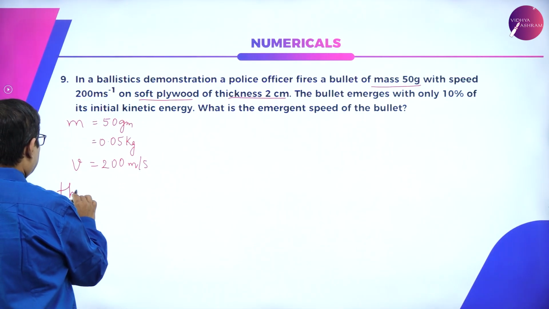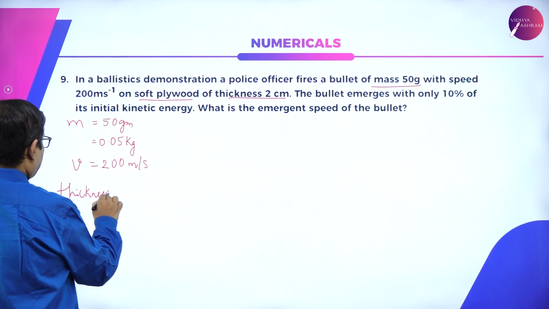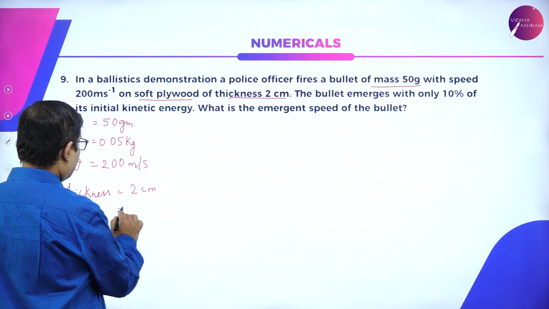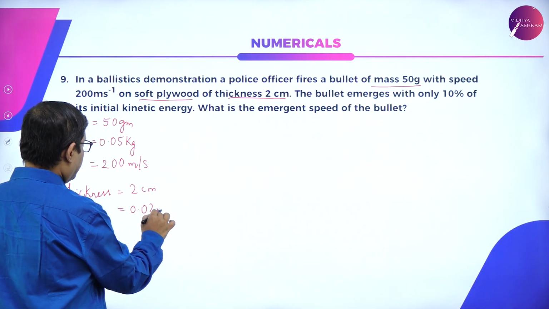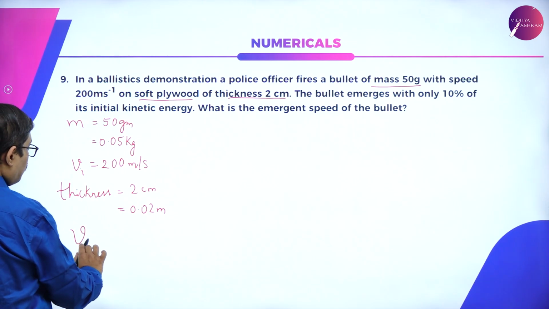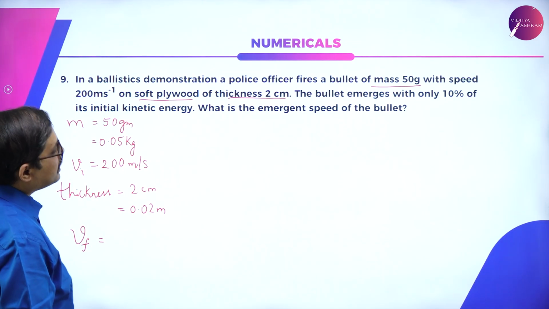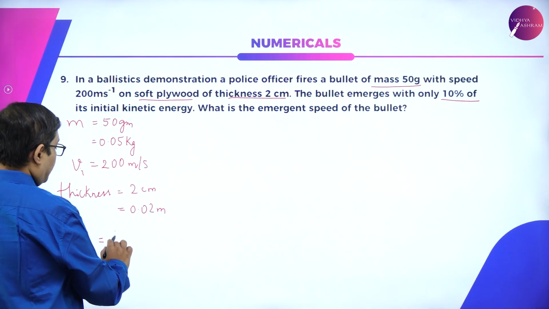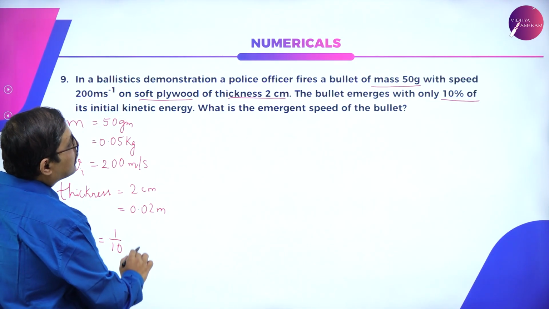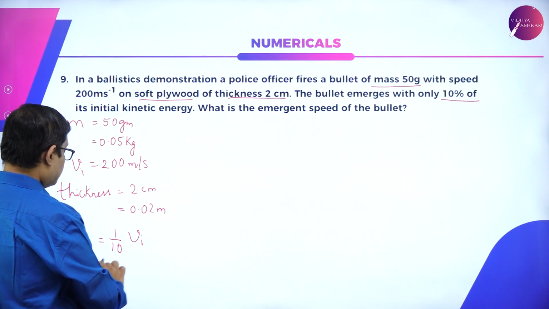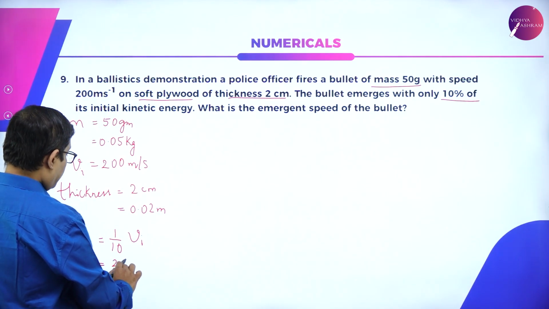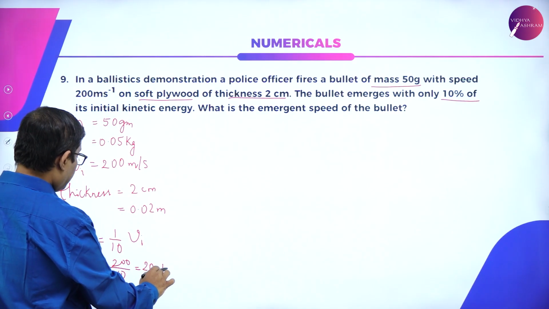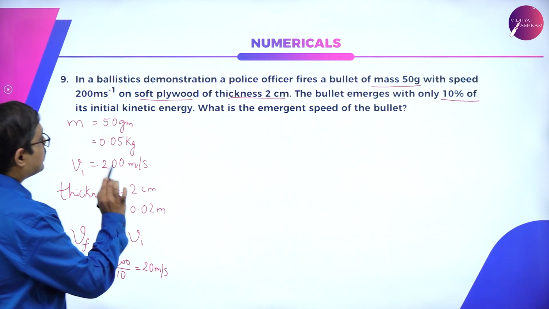So plywood thickness is 2 centimeter, or this is 0.02 meter. The bullet comes out with a final velocity which is 10% of the initial velocity. Okay. So final velocity is 1/10 of the initial velocity. So this is 200 by 10, which is nothing but 20 meter per second. This is the final velocity.